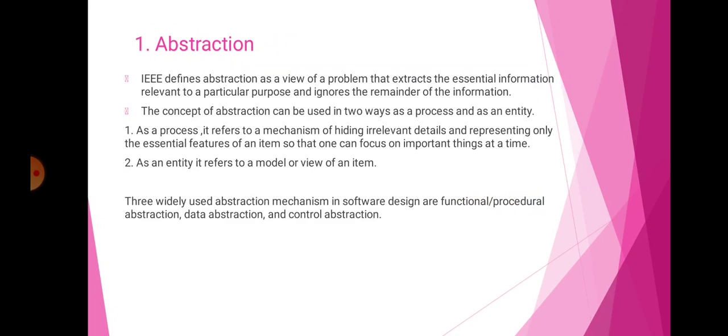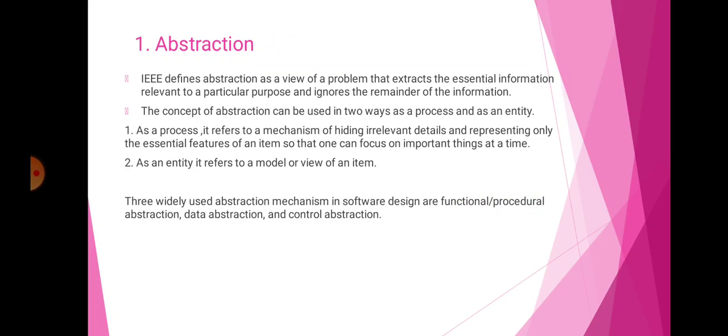IEEE defines abstraction as a view of a problem that extracts the essential information relevant to a particular purpose, and it also ignores the remainder of the information. This is called abstraction. The concept of abstraction can be used in two ways: as a process and as an entity.